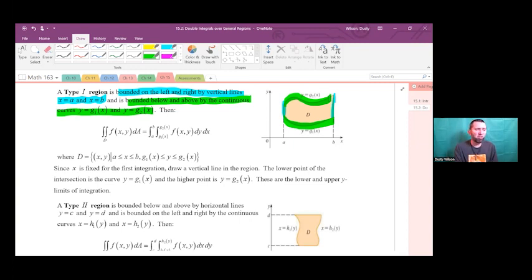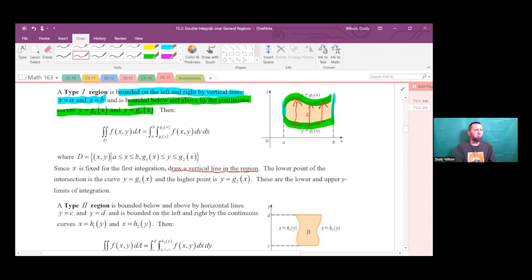Since x is fixed for the first integration, we can draw a vertical line in the region right here. The lower point of the intersection is the curve y equals g1 of x, and the higher point is at y equals g2 of x.